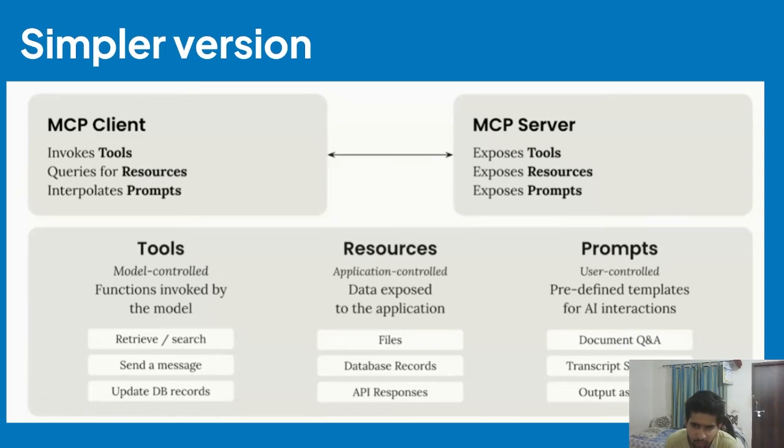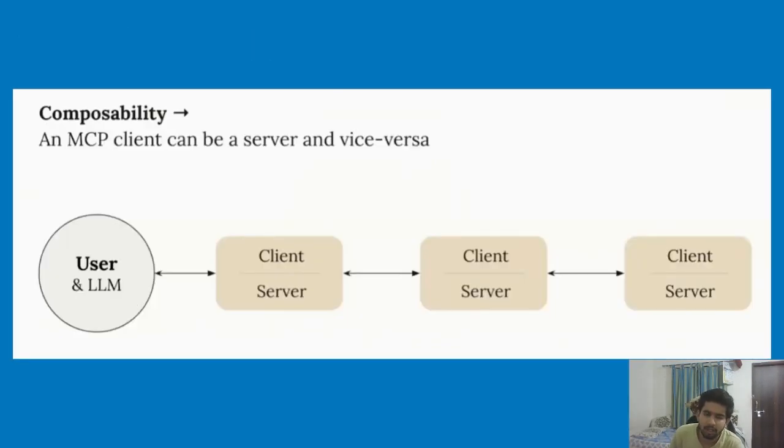The prompts, the resources, the tools, everything are inside the server. There is a bidirectional flow between the client and the server, and the client can also act as a server, and vice versa. So a client is also a server, and a server is also a client.